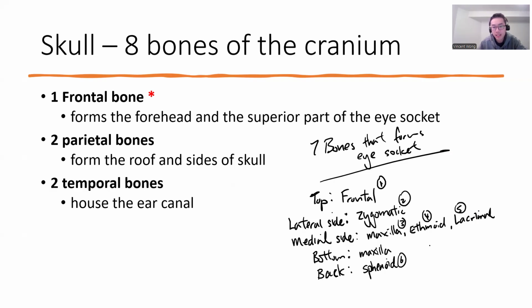And then there is a seventh bone that forms the back as well. It is called the palatine. If it sounds familiar, it's because we learned it in the digestive system. I'll show you the palatine again, but we'll write it down first. Palatine bone.